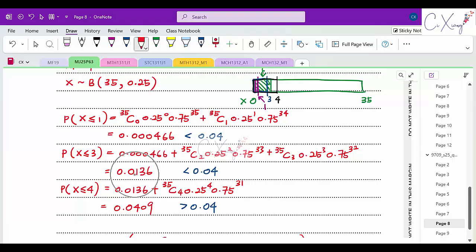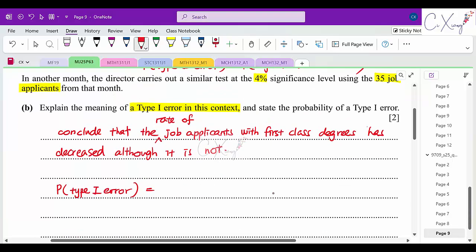Here, still reject the null hypothesis, right? But this one, we already accept the null hypothesis. So the largest value for the probability will be 0.016. So this will be our type 1 error. Okay, then type 1 error is equal to 0.0136, correct to 3 significant figure.